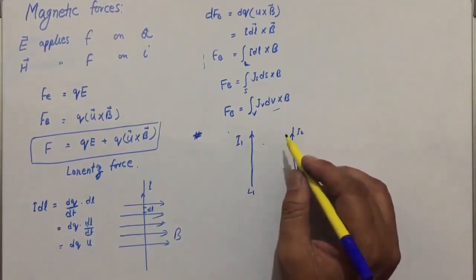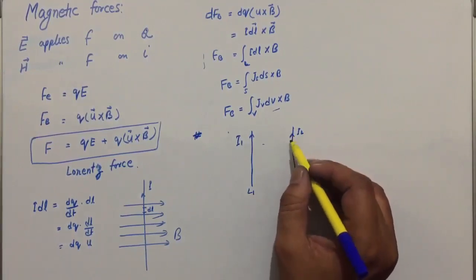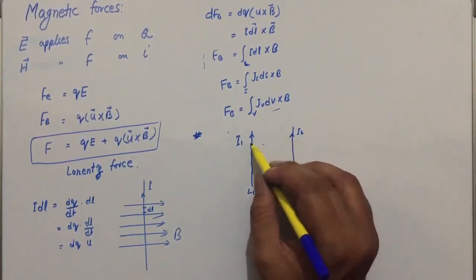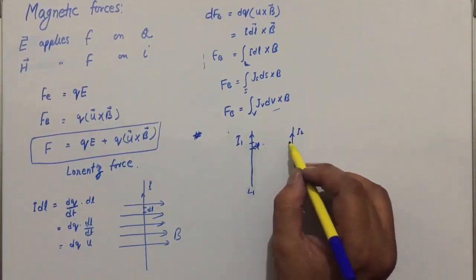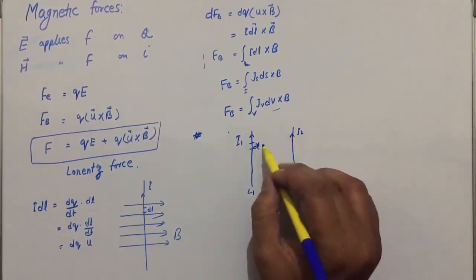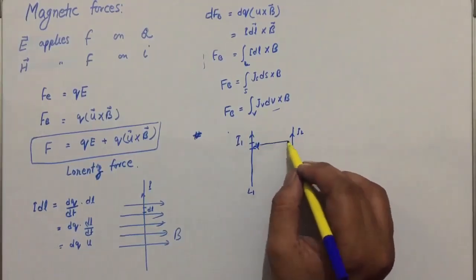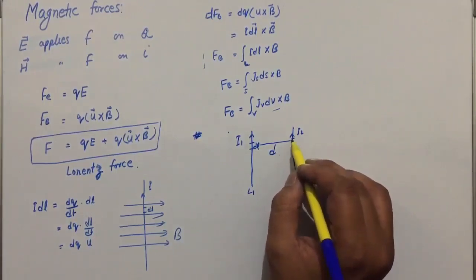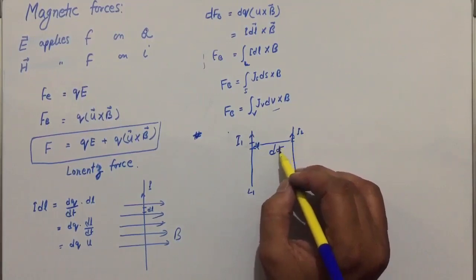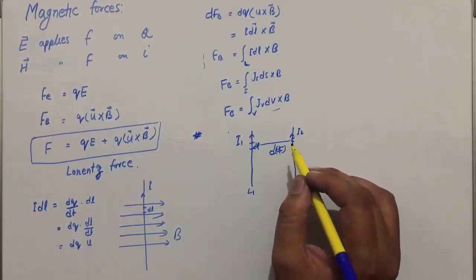So in both ways we can write it. Consider the first case: the force experienced at a small portion of the conductor due to the current carrying conductor generating the magnetic field will be dF.